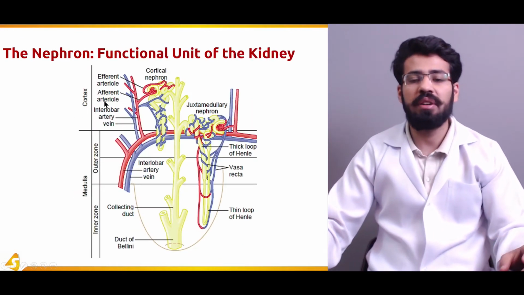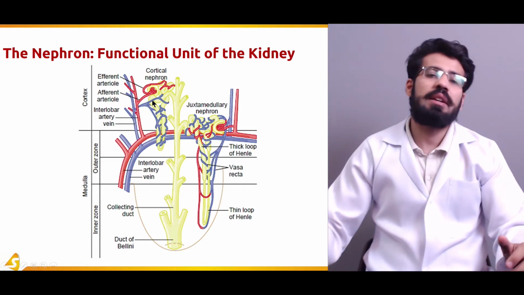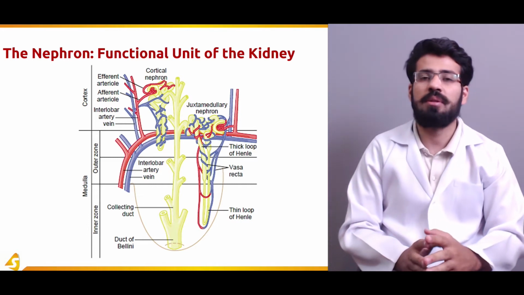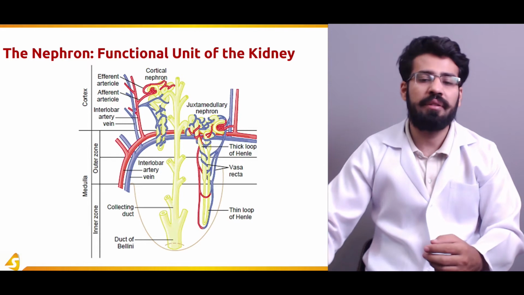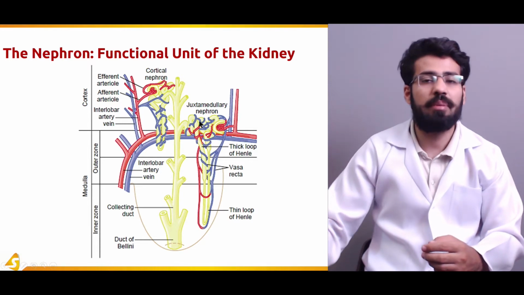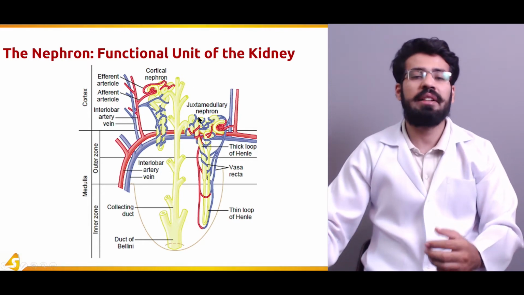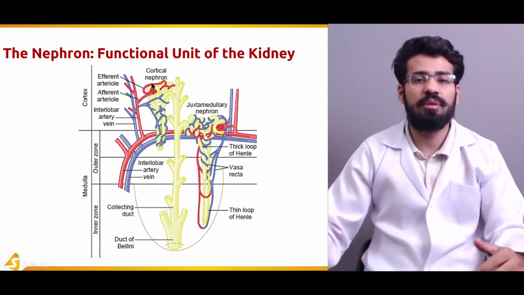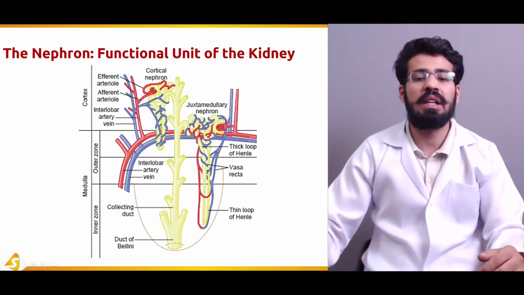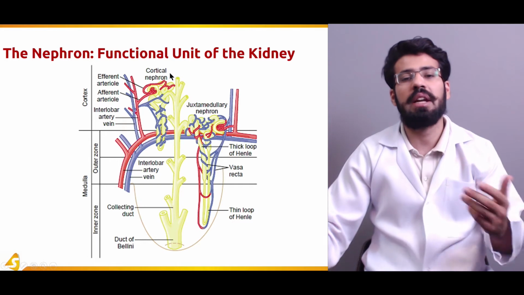Now, at this point, I'm going to discuss two major types of nephrons. One is known as the cortical nephron, and the other is known as the juxtamedullary nephron. The difference between these nephrons is because of two major reasons. Number one is their location in the cortex and the medulla.